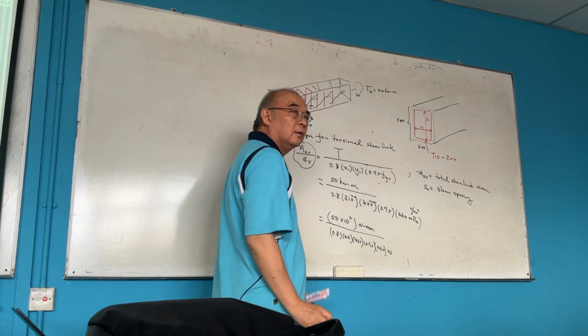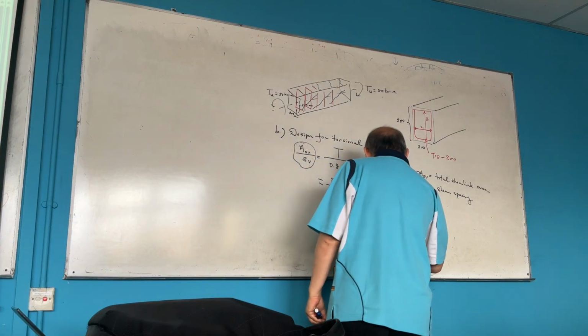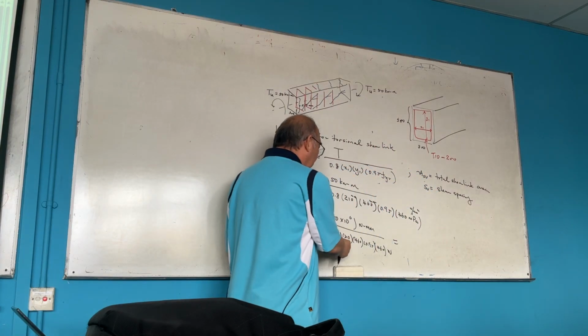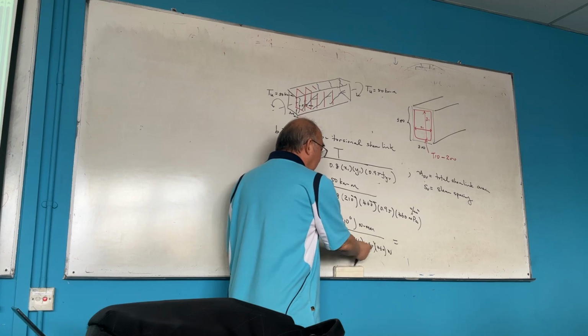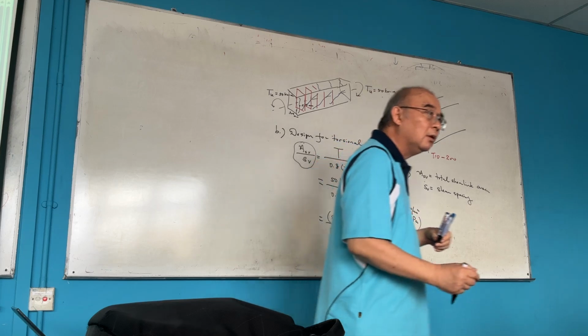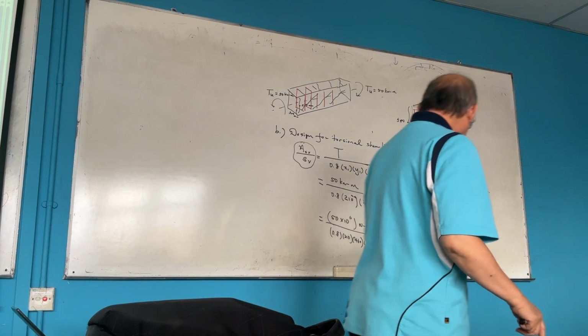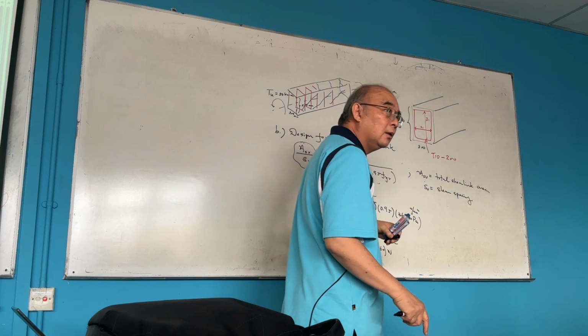So what is this one? 0.8 multiplied by 210 multiplied by 460 multiplied by 0.95, 460. What's the value? 1.48 times 10 to the cube Newton millimeter.